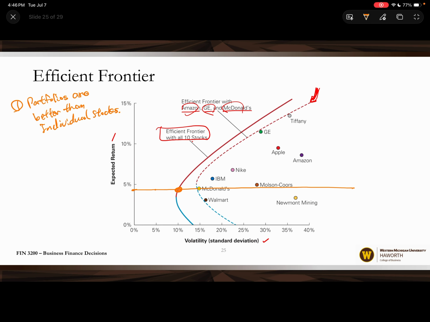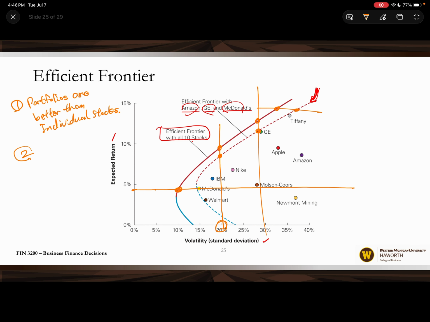Another point. We'll do the horizontal line test for comparing these two portfolios at any point. Say maybe right here. If we compare this point against this point, and any point right here, this point against this point, we could do the horizontal line test.